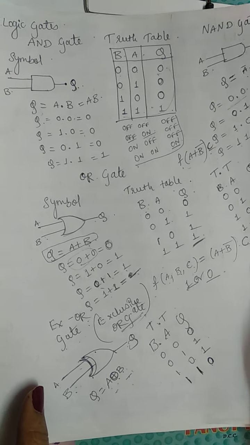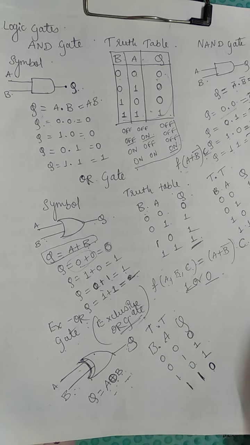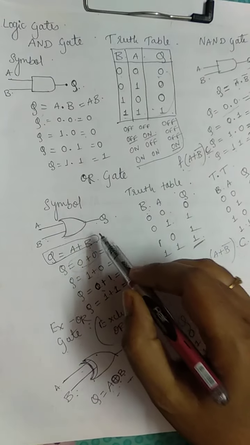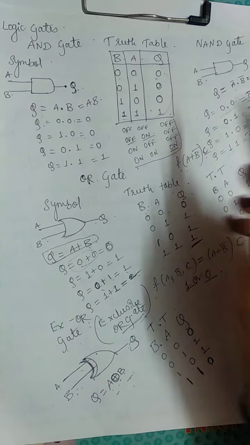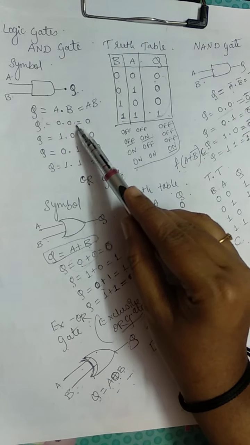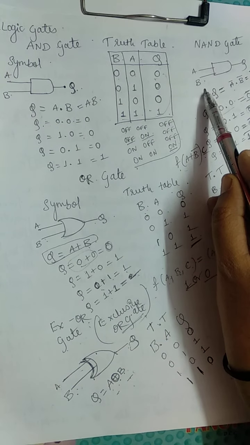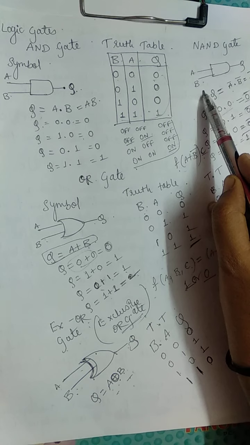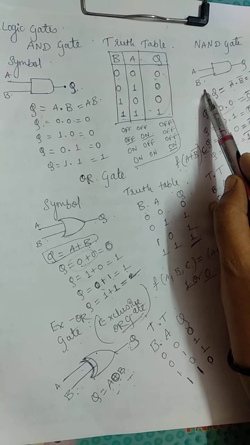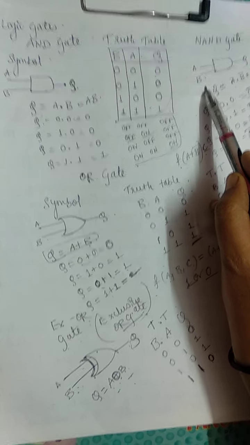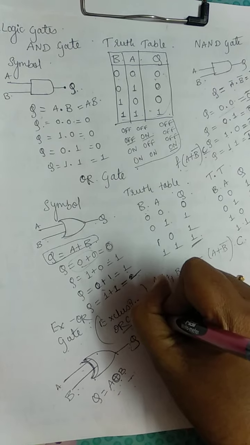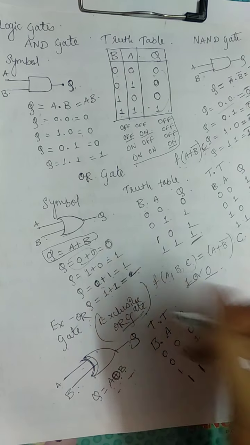So till now we have studied the AND gate, OR gate, NAND gate and XOR gate. The AND gate is a combination of the NAND gate and the OR gate, and the OR gate is a combination of the XOR gate.